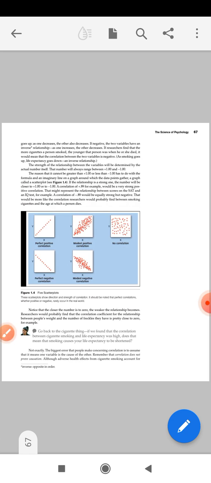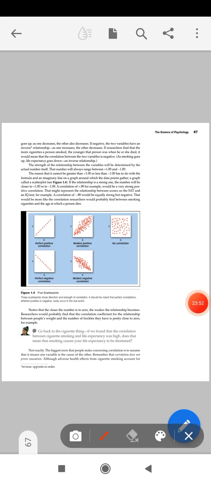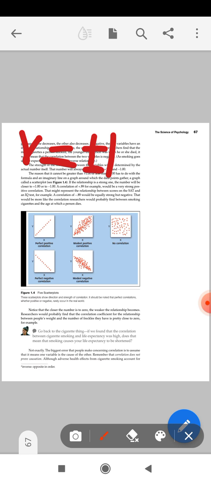What is the value of correlation? Actually, it's a mathematical measure in which we find the correlation based on statistical observations. Correlation is represented by r, and it ranges from +1 to -1. What does +1 show? It means a perfect positive correlation.